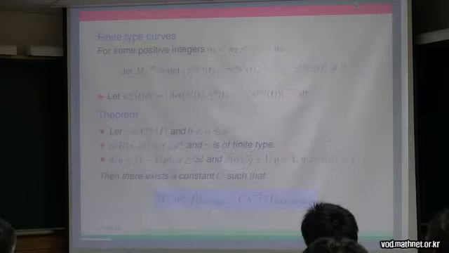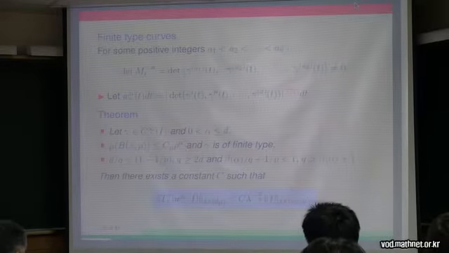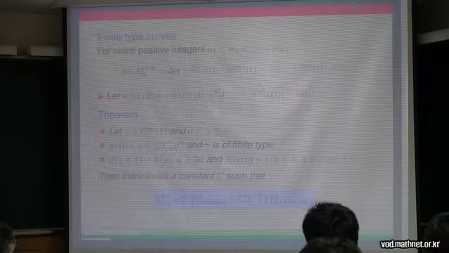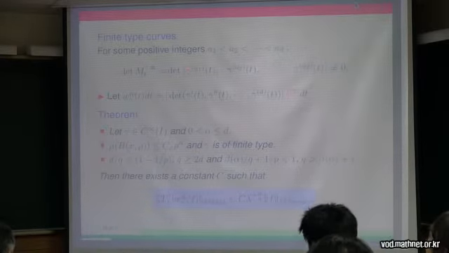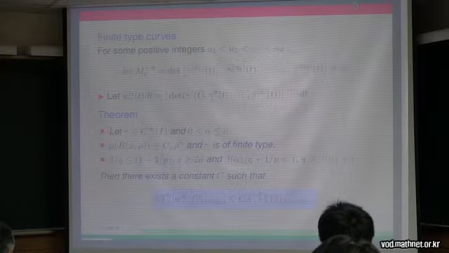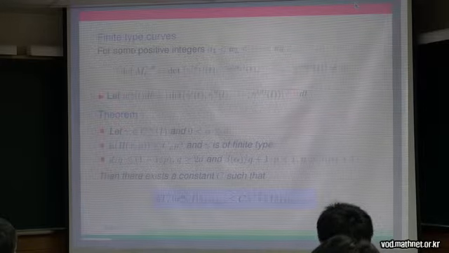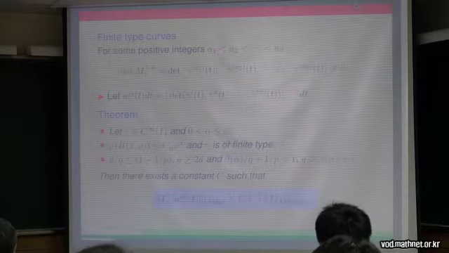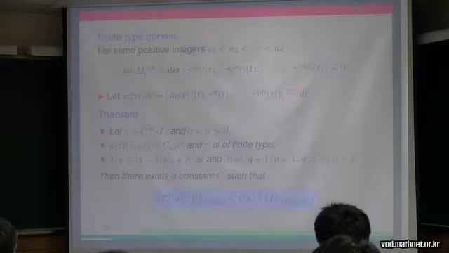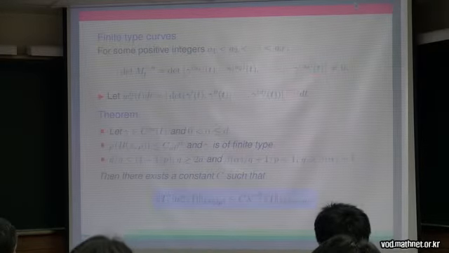And then there is another estimate for finite type curves. It is a more general situation. Finite type curves satisfy, for some positive integers a1 to ad, that this determinant is non-vanishing.